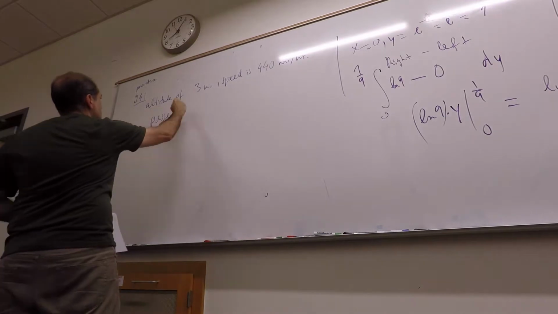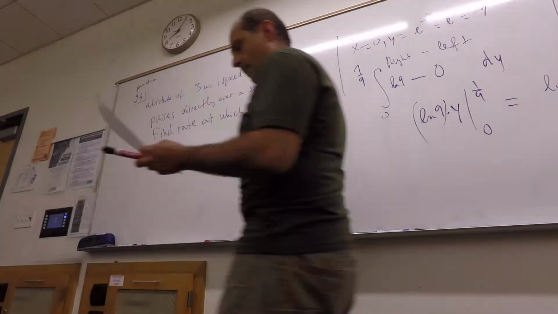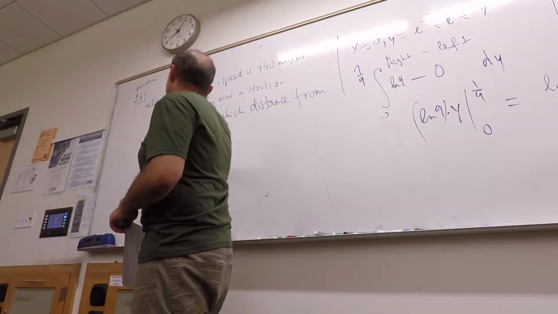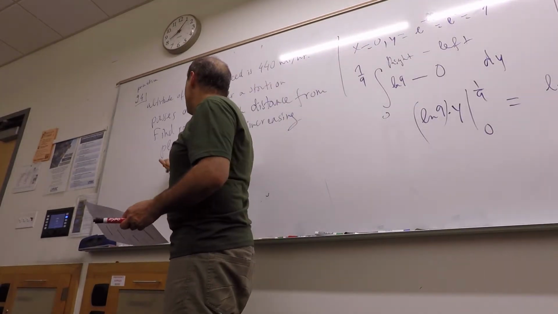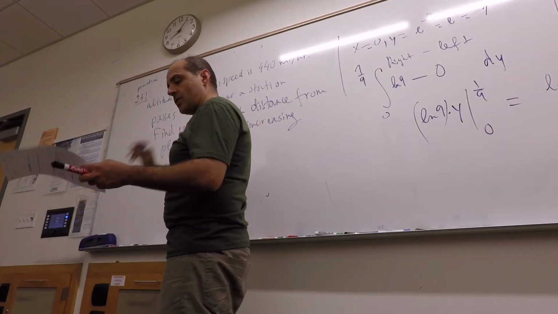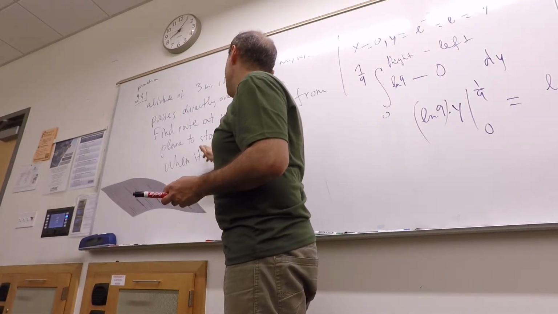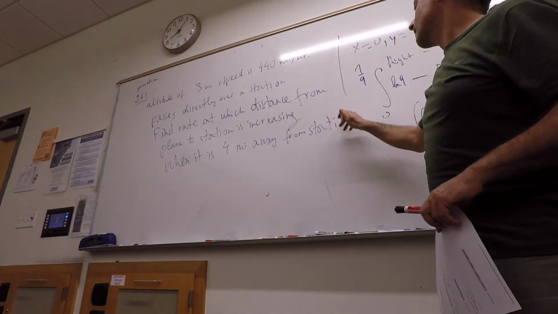Find the rate at which the distance from the plane to the station is increasing. For all these problems we have, when at some instant, meaning the plane is 4 miles away from the station. Right.